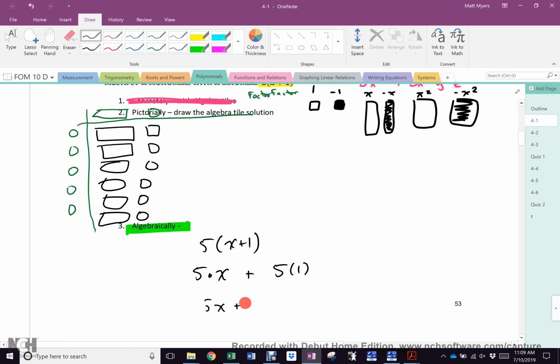Now, this is where the next thing that kids screw up on. X plus 3, x plus 2. If this wasn't here, I would have x squared plus 2x, right?